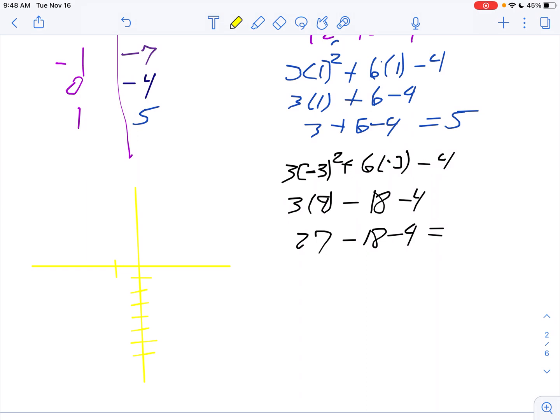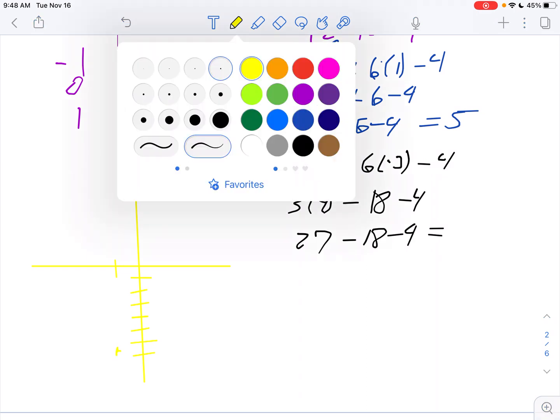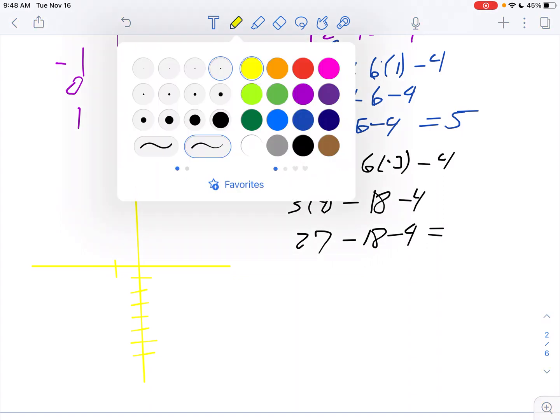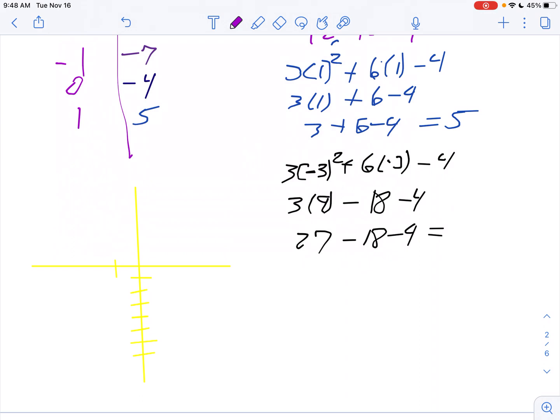If I go to the left 1, I'm down 7. I want to be able to see the point. Then at 0, I'm at -4, so I'll go down 1, 2, 3, 4.